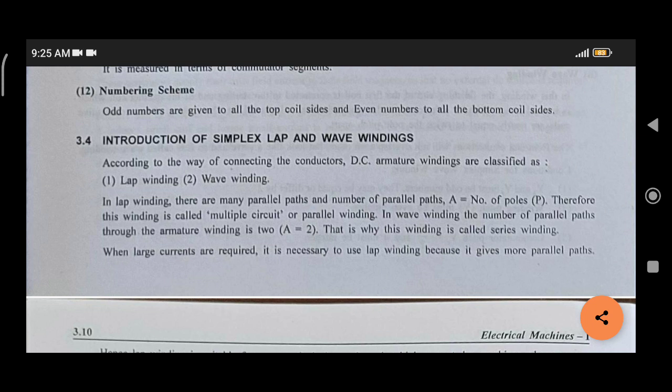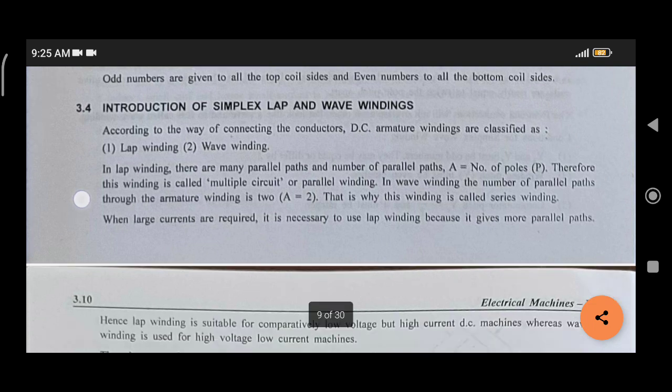We can divide this large current into parallel circuits, and each parallel path has to bear a low current. So whenever we have a high current machine, we use lap winding. And if we have a high voltage machine, then we use wave winding. So both have different applications.